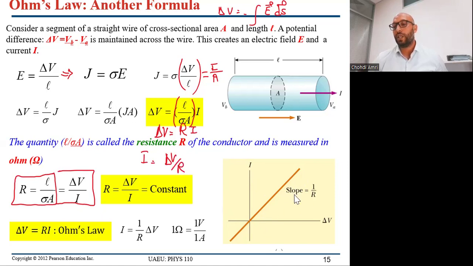We will get a straight line with the slope equal to 1 over R. And this equation is called Ohm's law. So the potential difference across any conductor or resistor is equal to R I. R has a unit ohm. 1 ohm is equivalent to 1 volt divided by 1 ampere.